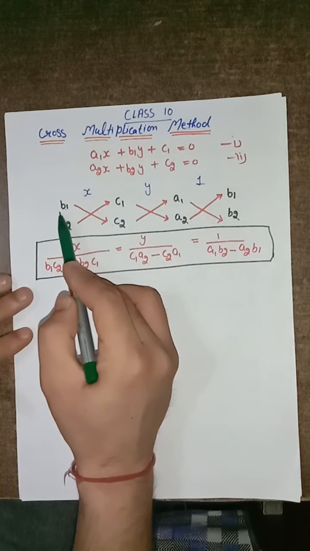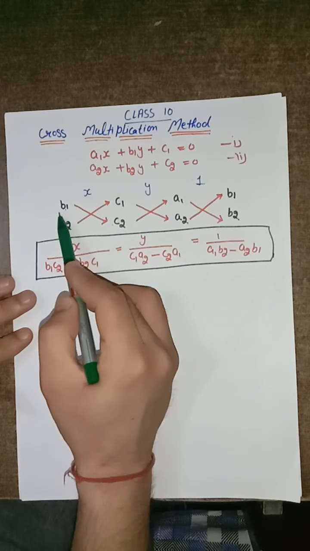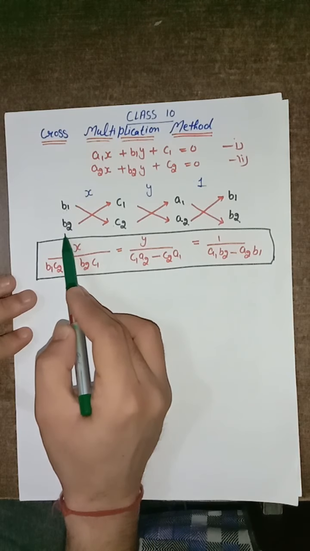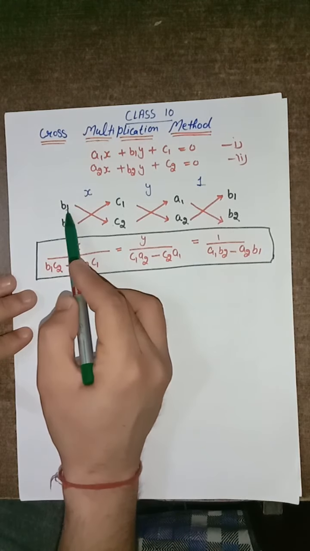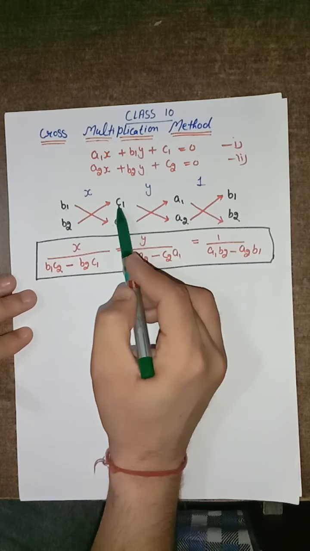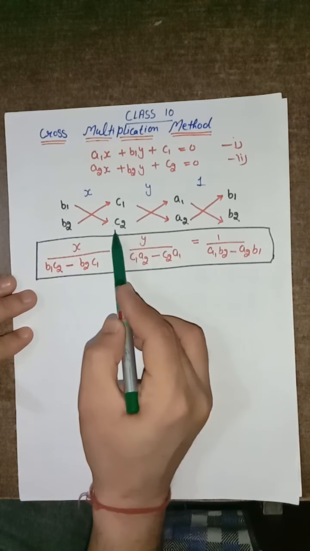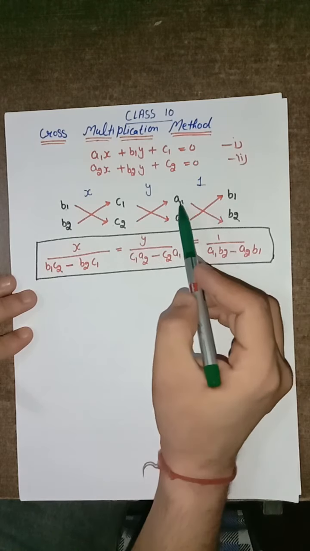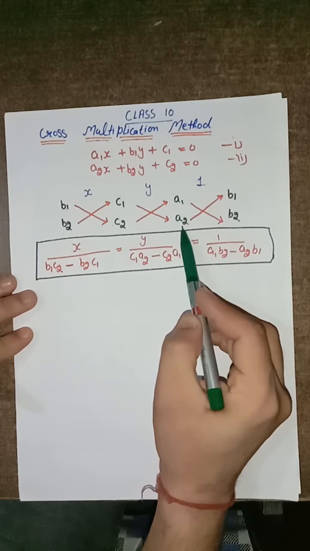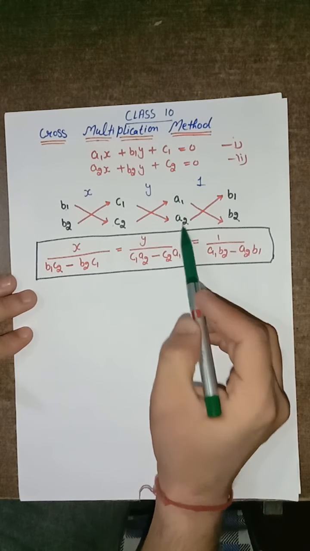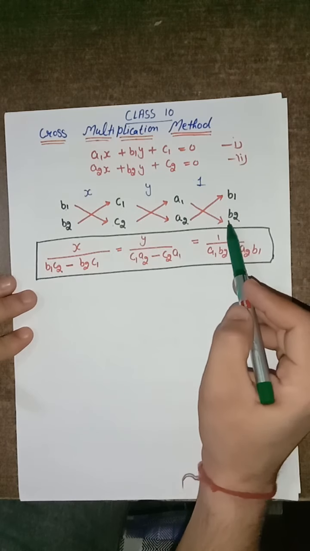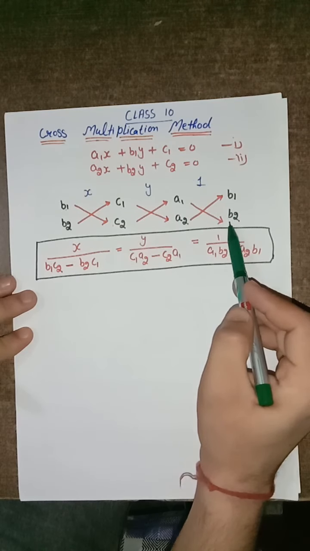Now write the coefficient of y in the first and second equations, that is b1 and b2. Then the constant terms of both equations, then the coefficient of x in both equations, and again the coefficient of y in both.